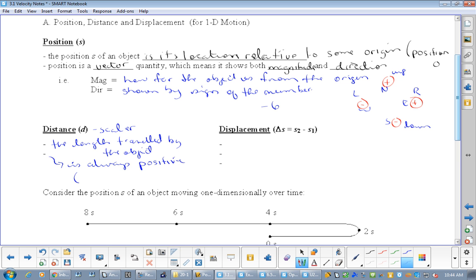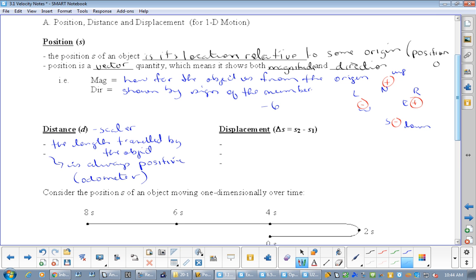This is what would be on the odometer of your car. Let's say it's 300 kilometers to Calgary, and I drove to Calgary and back. My odometer would say that I put on 600 kilometers. That's the distance that I went.